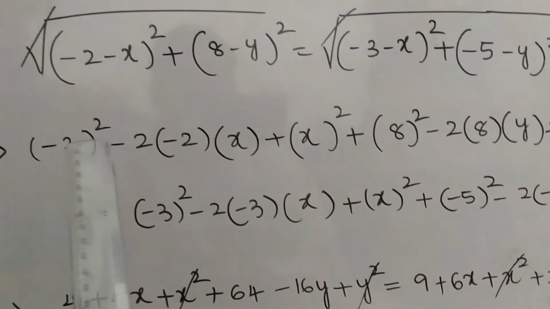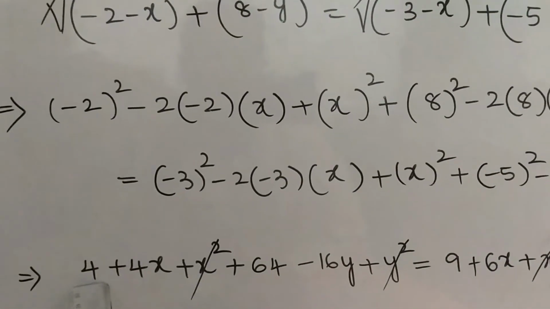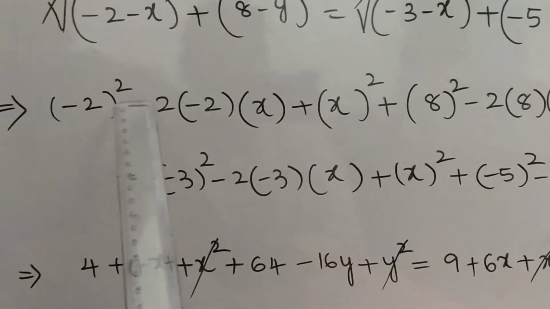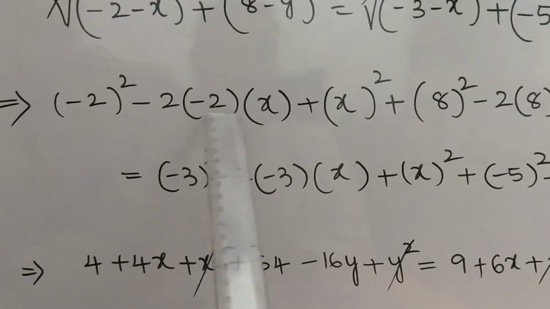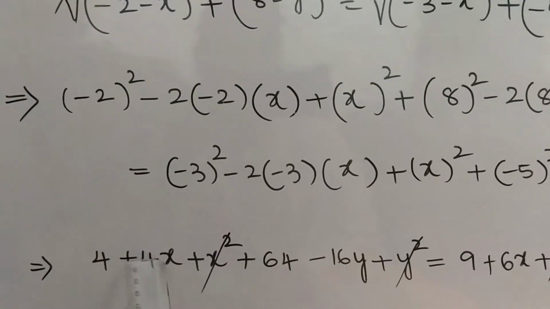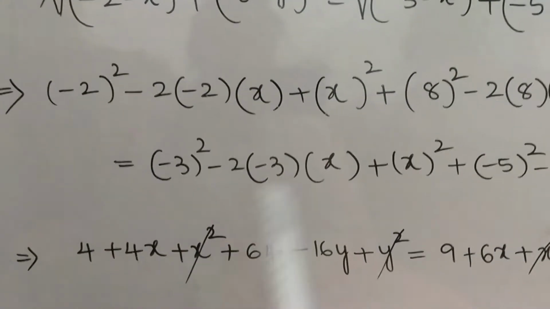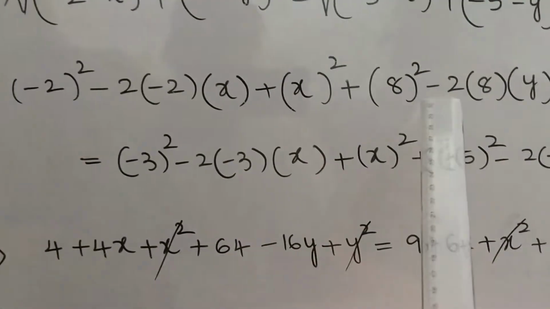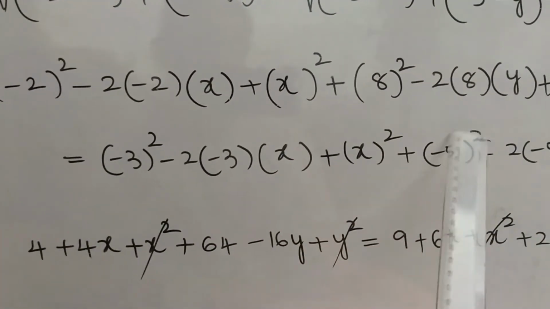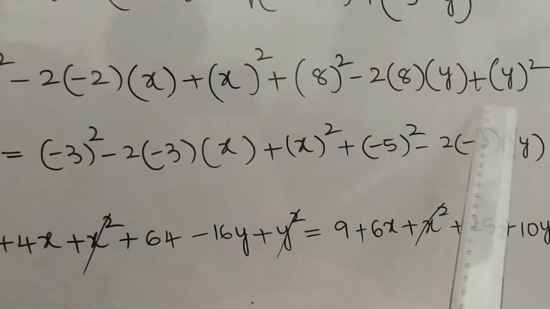Now see, this (-2) whole square is 4, and here minus into minus is plus, 2 2s are 4, into x is 4x, so plus 4x, and this is plus x square, plus 8 square is 64, and here minus is there, minus 2 8s are 16y, plus y square.